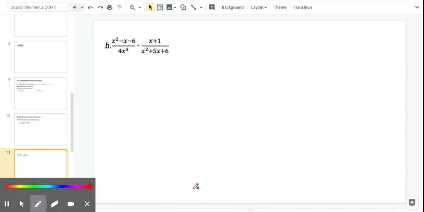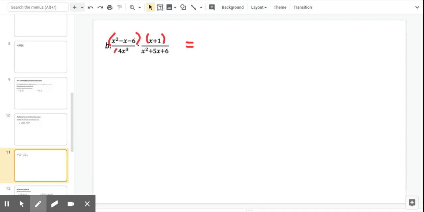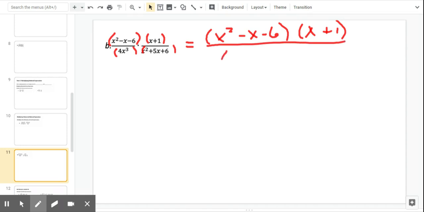So step 1 is to multiply. So we want to keep everything in parentheses. So we have x squared minus x minus 6 times x plus 1 over 4x cubed times x squared plus 5x plus 6. All right, so step 1 is to just multiply across the top and the bottom.